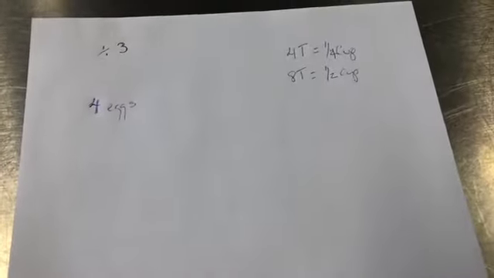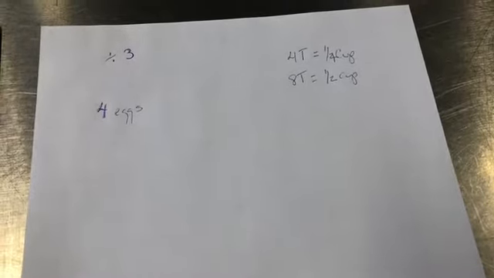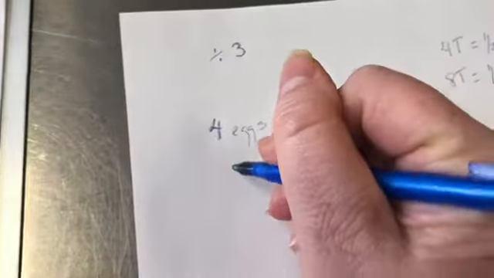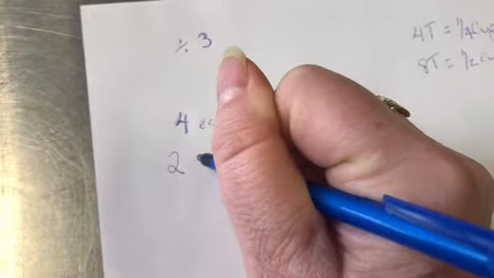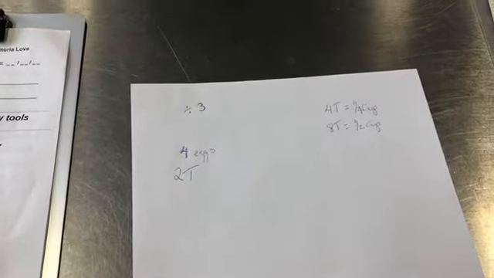So 8 divided by 3 is 2 2/3, okay? So 2 tablespoons. Now, 2/3 of a tablespoon, what does that equal?